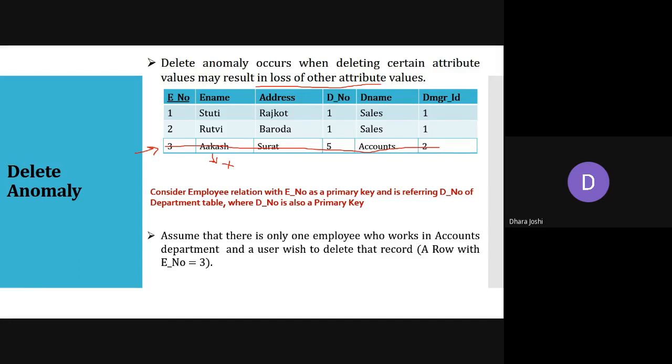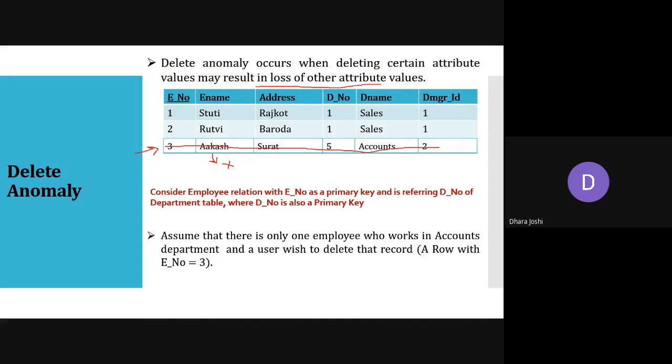If that one person is leaving the organization, then now in our table there is no department called account, no department number for the accounts department, and no manager assigned. So if we delete the person who is leaving the organization, the department is also closed.